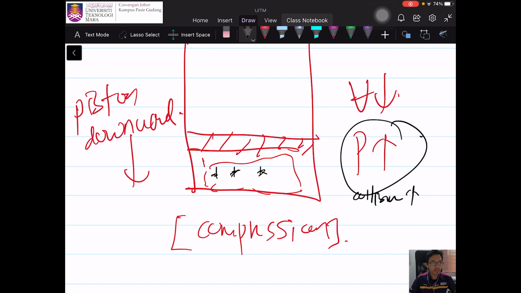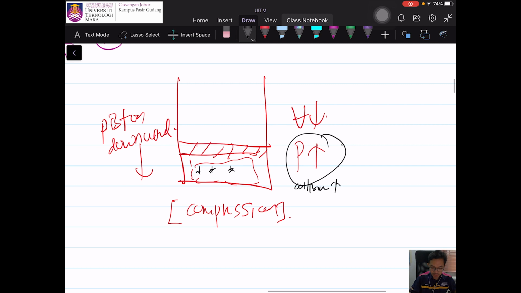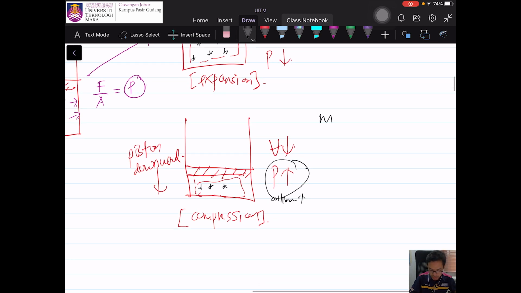So it depends on the collisions between the atoms or particles of the gas. However, for this Boyle's law, we must make sure that the mass and also the temperature are constant.